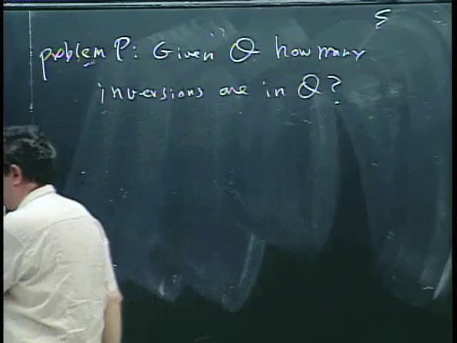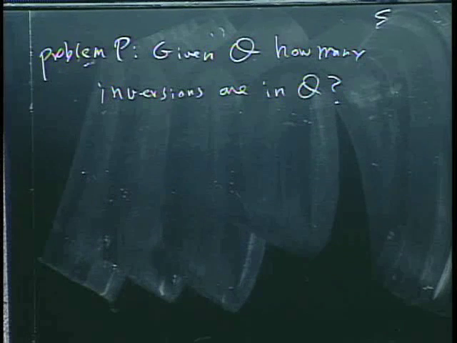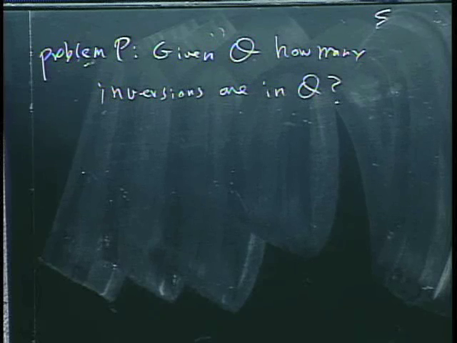Okay? And of course, we're talking about having an algorithm to answer that problem in general. And we want a fast algorithm. We want an algorithm whose worst case running time is small, reasonable, fast. Okay?